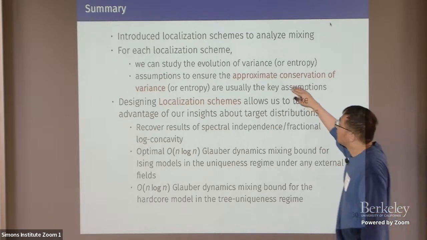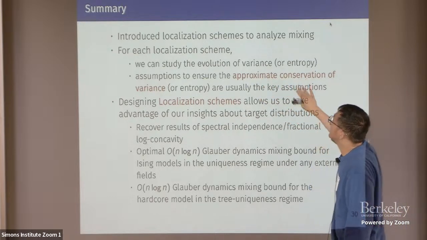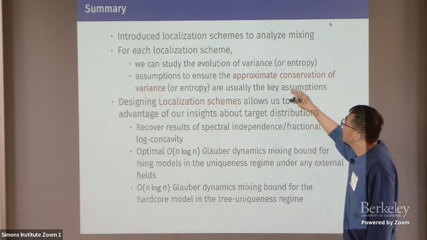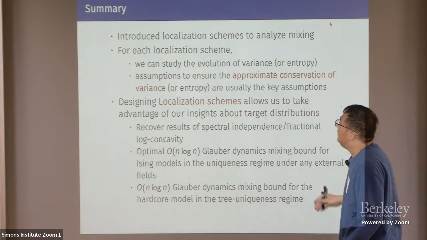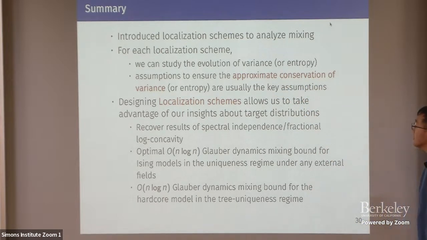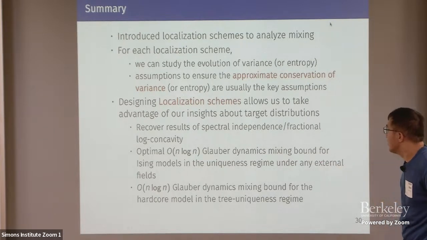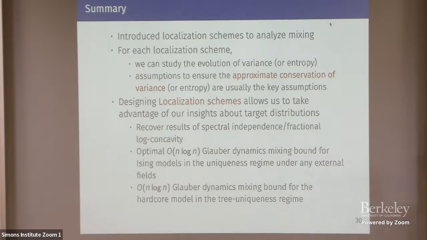Usually, we can summarize many of the assumptions in the literature to this assumption of approximate conservation of variance or entropy along the localization process. And we can recover some of the results of spectral independence and fractional log-concavity. We have this bound for Glauber dynamics for the Ising model in a uniqueness regime under any external fields. And we have bounds of Glauber dynamics for mixing of the hardcore model in the tree uniqueness regime. And that's it.